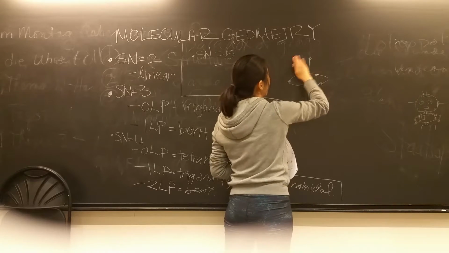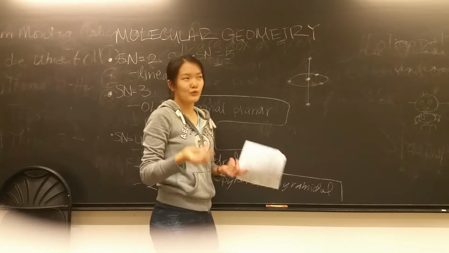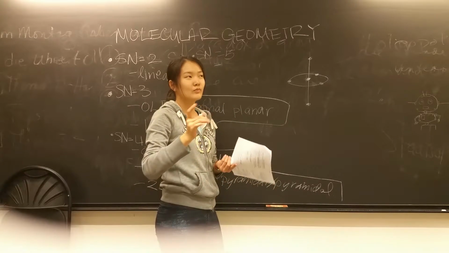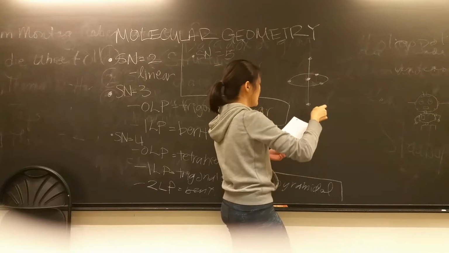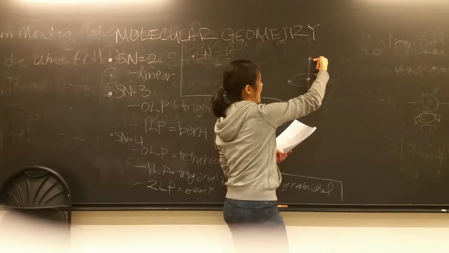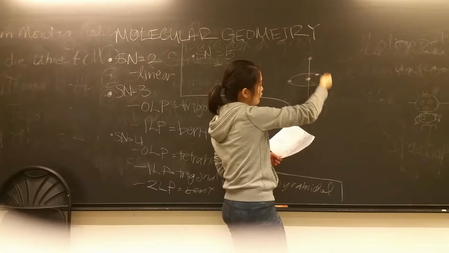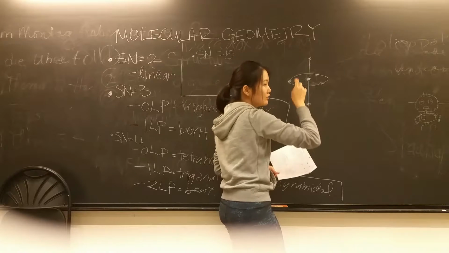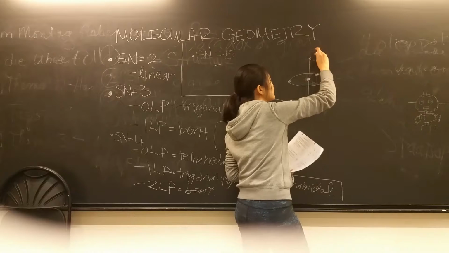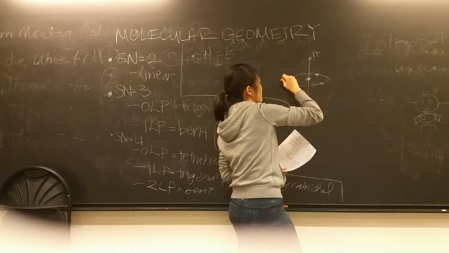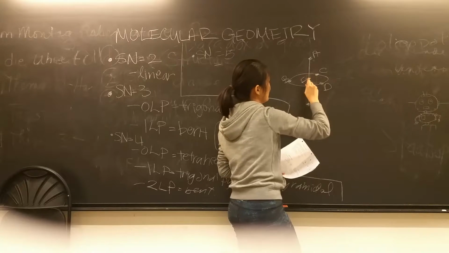And so what I read on the slide is just basically saying that when you have this one atom on the axial position, let's just label them A, B, C, D, E, F. Okay.